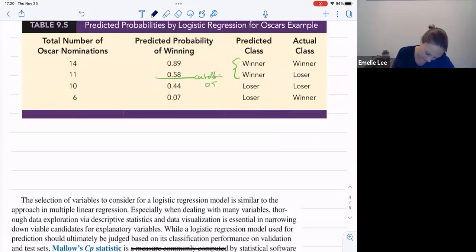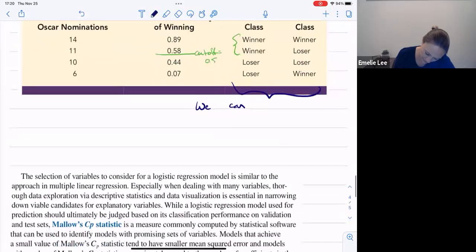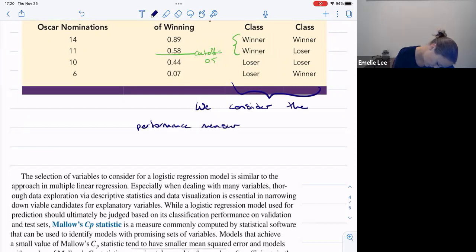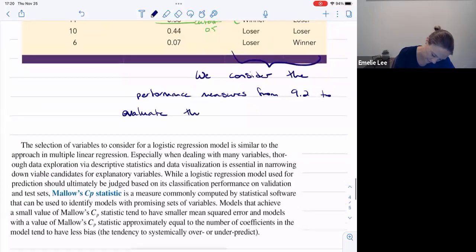So then here we consider the performance measures from section 9.2 to evaluate the model.